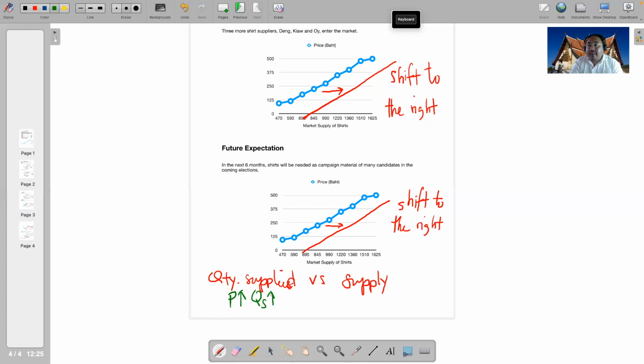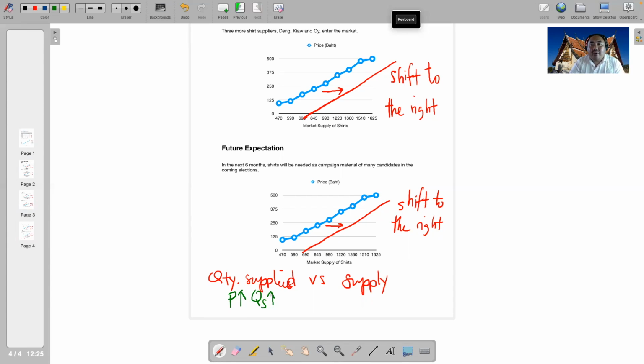Or oppositely, if the price goes down, our suppliers feel that it is no longer profitable to make that good, so they lower their supply of that good in the market.